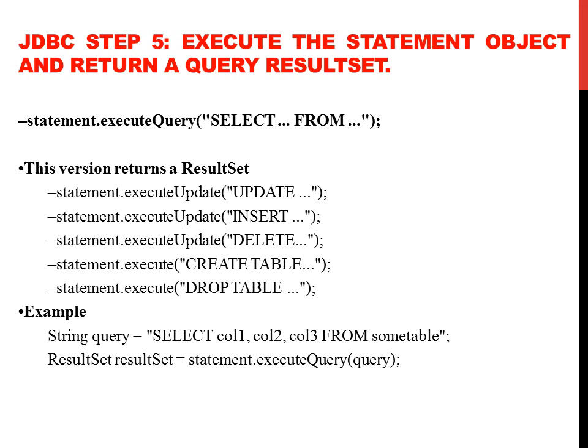The executeUpdate method will return the number of rows affected. Suppose you are updating 5 rows using executeUpdate, it will return the integer value 5. If you are inserting only a single row, it will return the result as 1. So the number of rows affected is 1. And if you want to create table or drop table, you have to use statement object dot execute method.